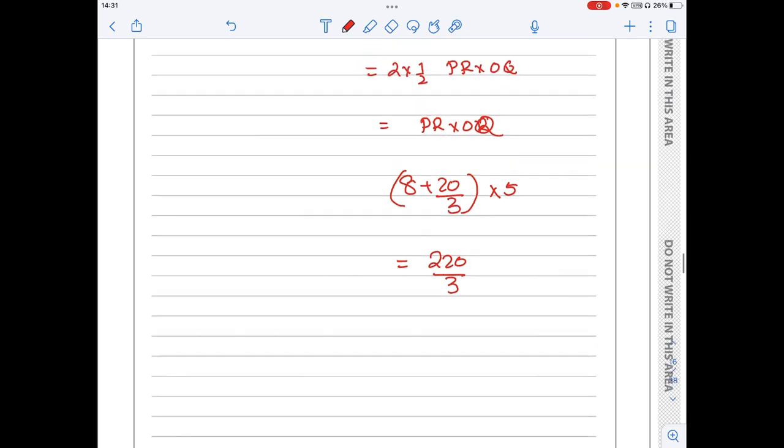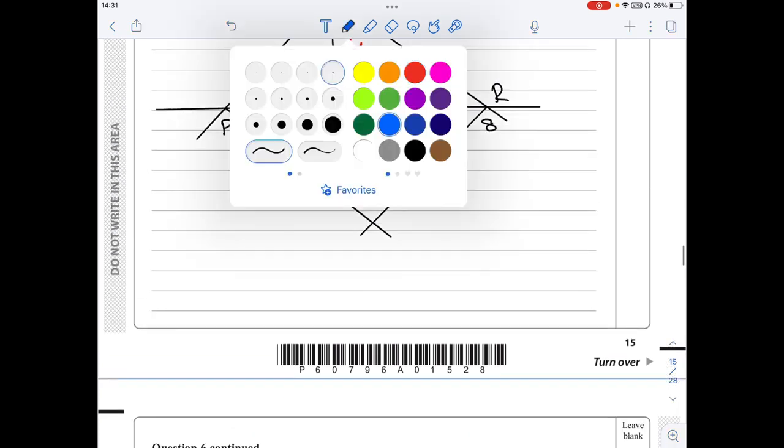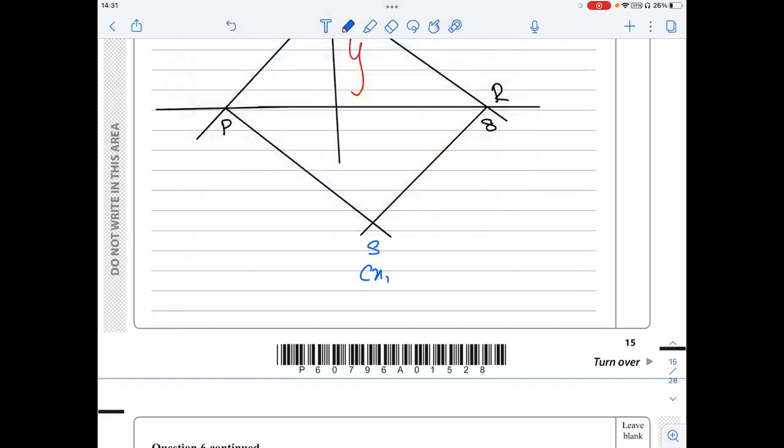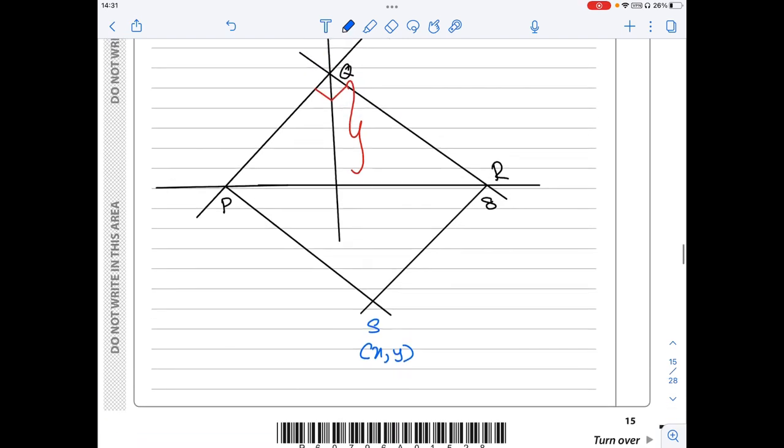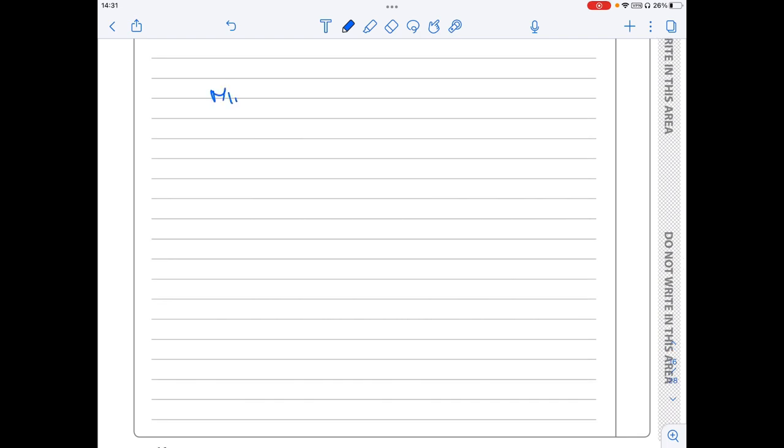Now we need to get the value of S. Let S be (x, y). So the midpoint of PR should be equal to the midpoint of QS.